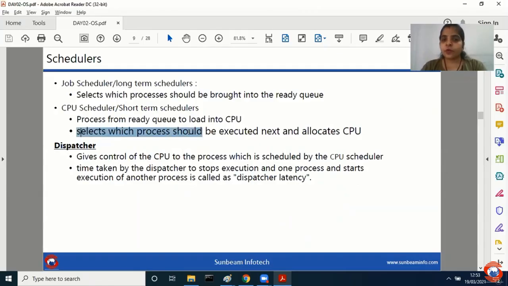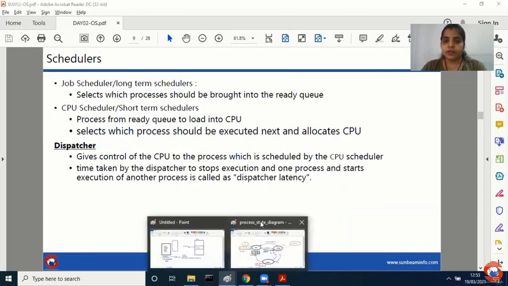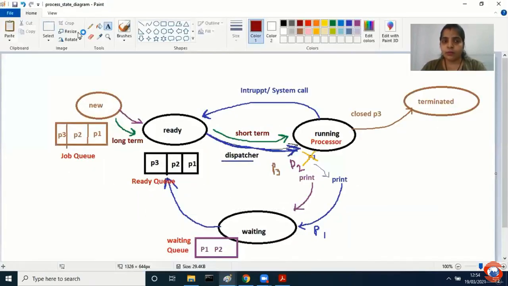Right. It selects which process should be executed next and allocated the CPU. Now, listen. If I'm talking about long-term, it means whatever applications I wanted, 10, out of which 8 got executed. So this decision, that 8 applications are working fine, from new to ready, the long-term schedulers will make.